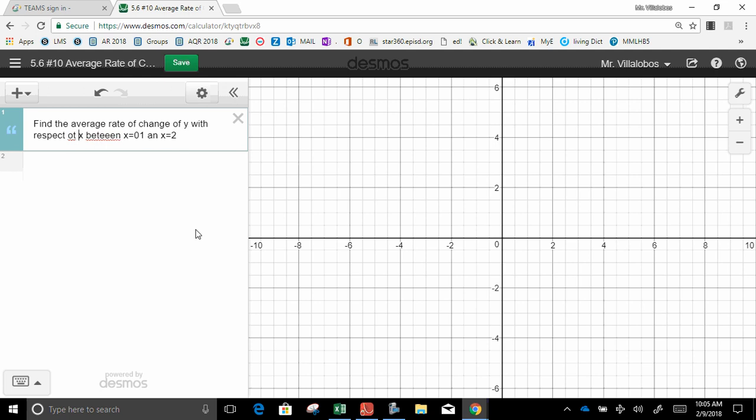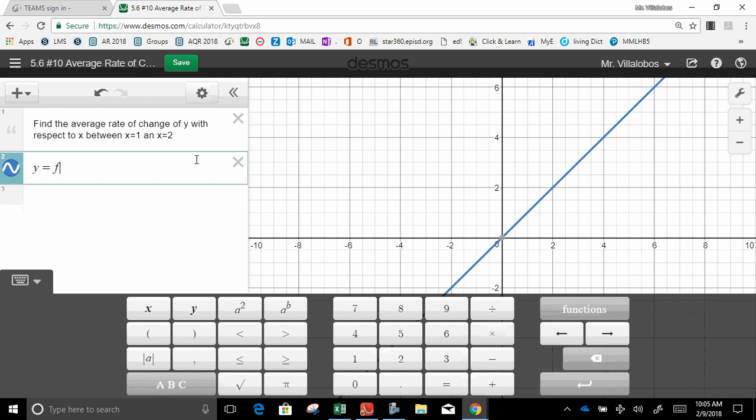Okay. Let y equals f of x equals x squared plus x plus 2. Okay?